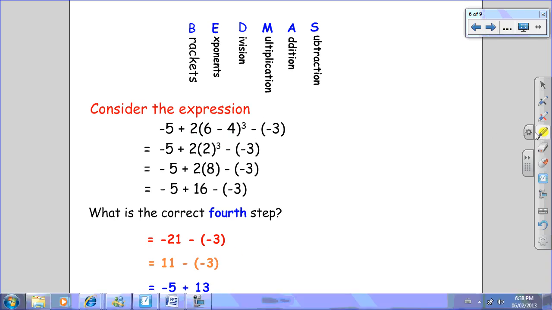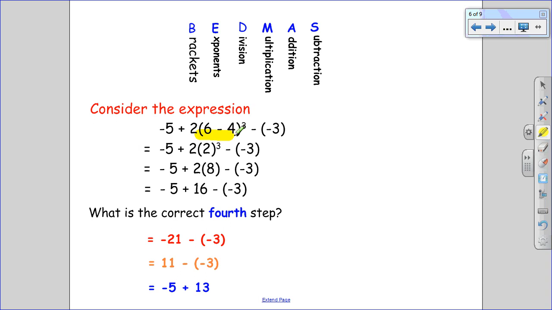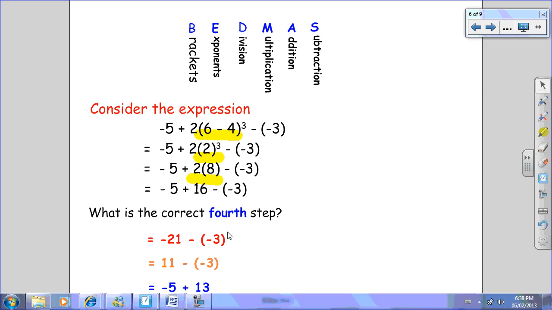Finally, again, let's recap. We did our brackets first. Then we did our exponents. Then we did our multiply. And what's going to happen next? We need to do our addition and subtraction in the order they occur. Well, -5 plus 16 looks like a good place to start, doesn't it? -5 plus 16.